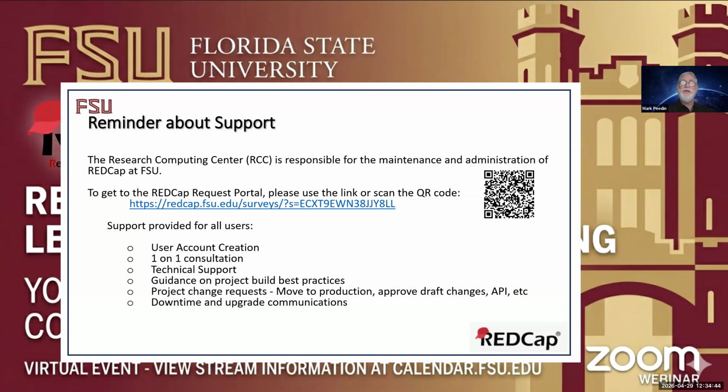If you need to move something to production or move it back to drafts, you can make some changes or an API request for import export, and also notifications if we're having a downtime or application upgrade.